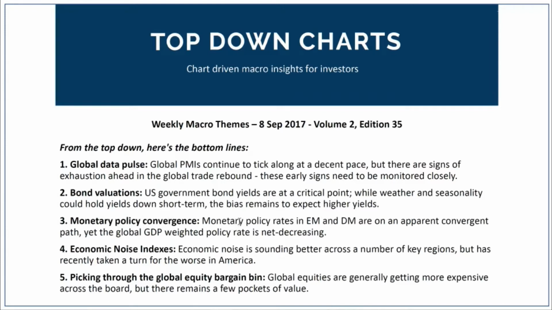Something that I think is going to be a key theme over the medium term at least. The economic noise index, which is kind of a weird indicator that I've put together, and then a pick through the global equity bargain bin, a look at the bottom tier of global equity markets. Looking at the bottom 10 to 15 cheapest countries' equity markets.